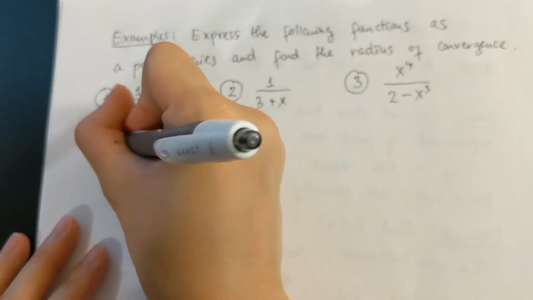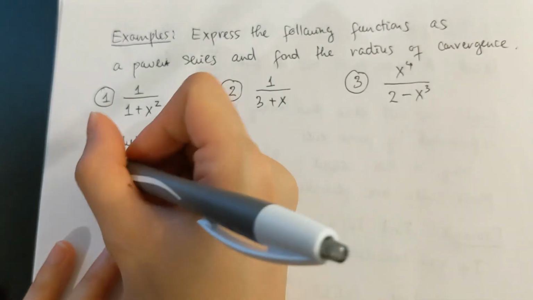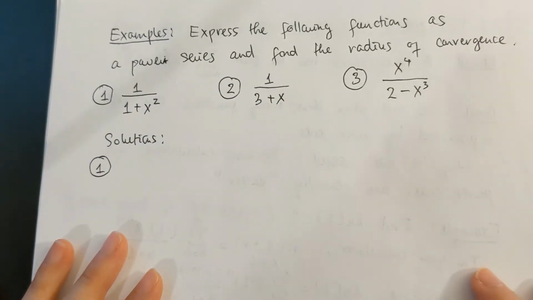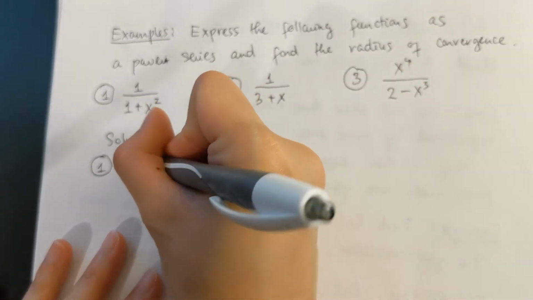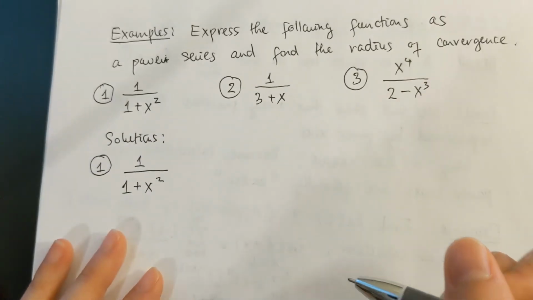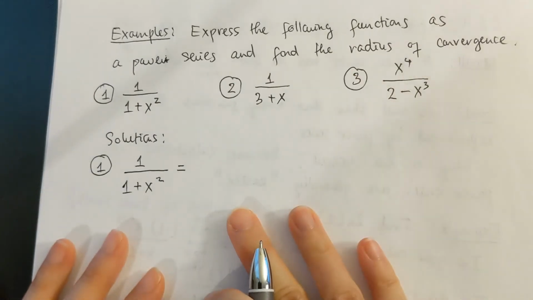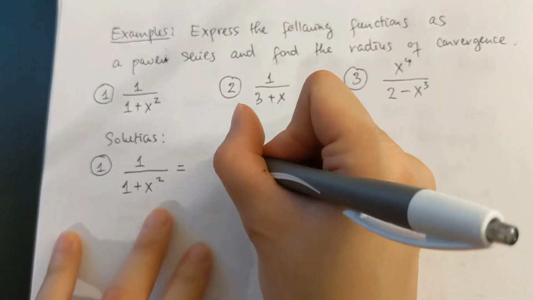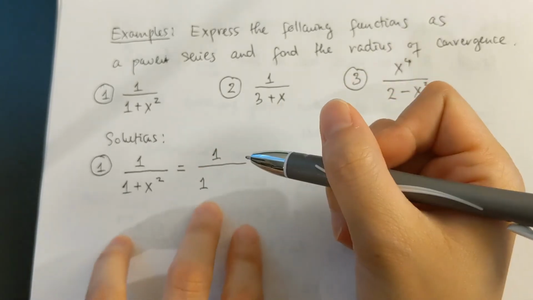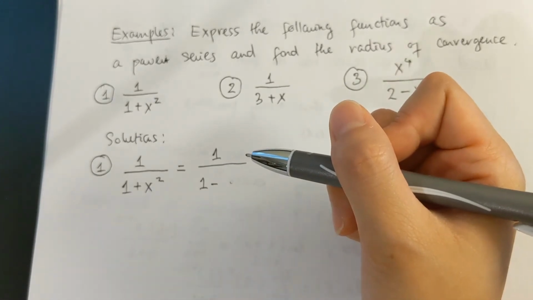So for the first one, I have 1 over 1 plus x squared. I know that if it's in the form of 1 minus u, then I can rewrite it as a power series.